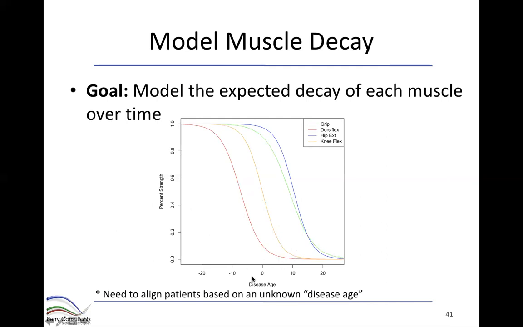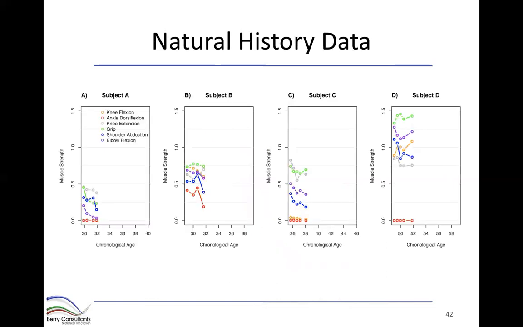Of course, to be able to do this, we have to know this latent disease age variable, or where a subject is in the disease, and it's not observed. So here are some pictures of the natural history data for 4 different subjects. I have plotted here the muscle strength, or the percent predicted, like I showed you on the previous slide, for 6 key muscles as a function of chronological age.